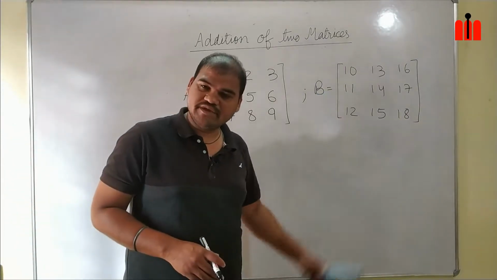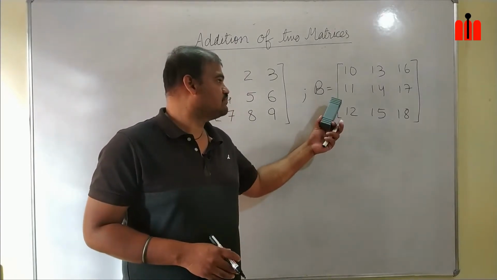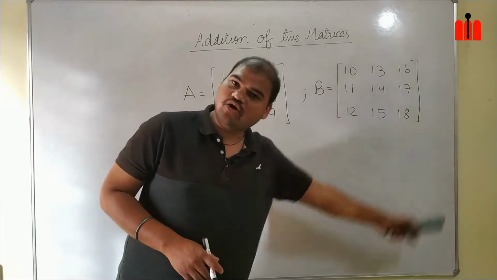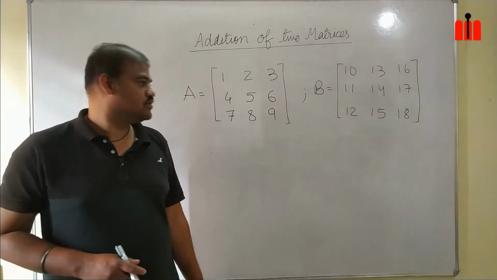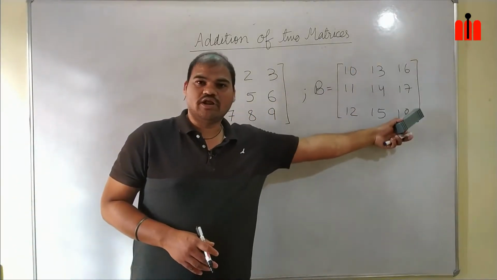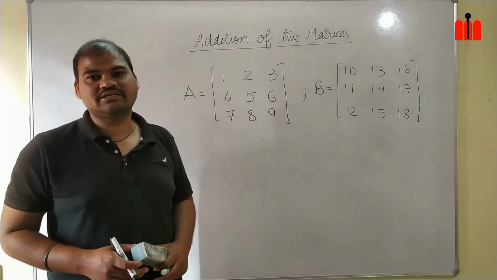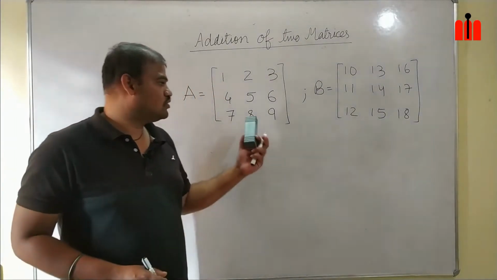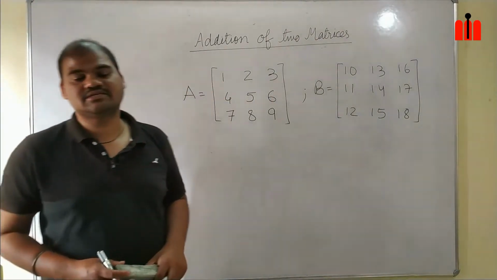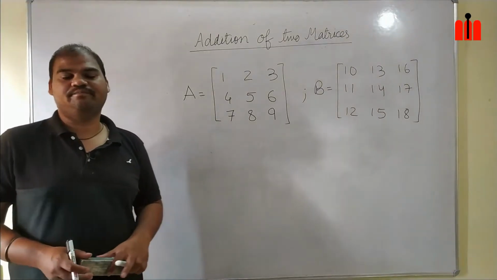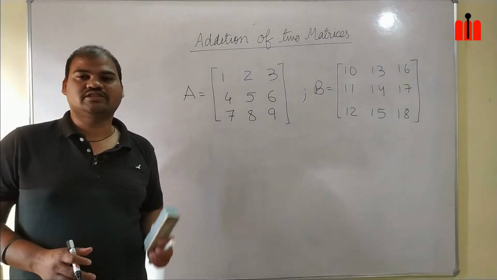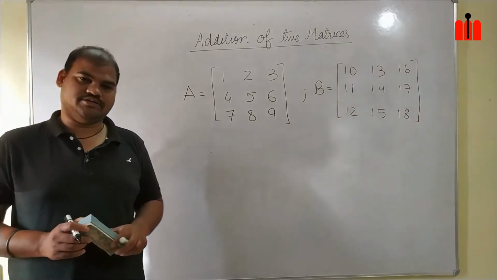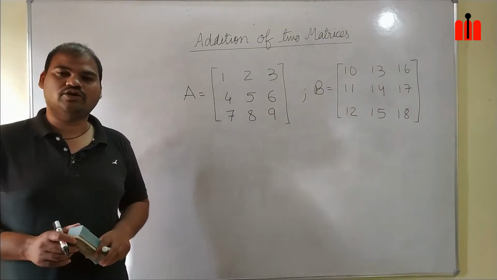Same with matrix B here. Matrix B has 3 rows and 3 columns, so it is a two-dimensional matrix with order 3 by 3. So both the matrices' sizes are the same.